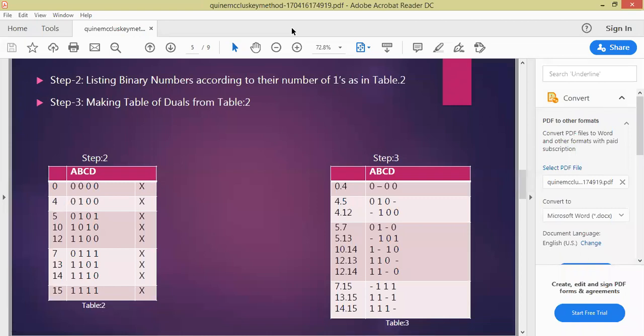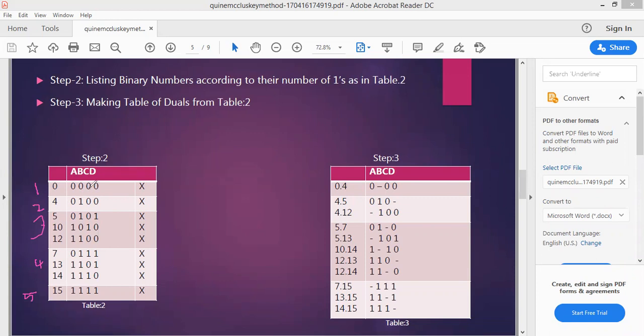The next group is for numbers with 2 ones. I'll write it here: this is group number 1, group number 2, group number 3, group number 4, and group number 5.